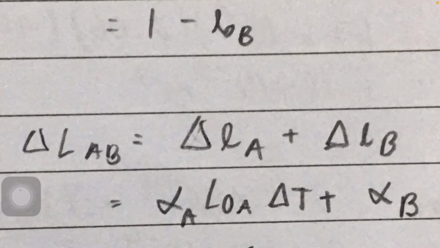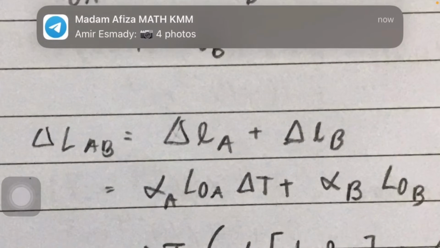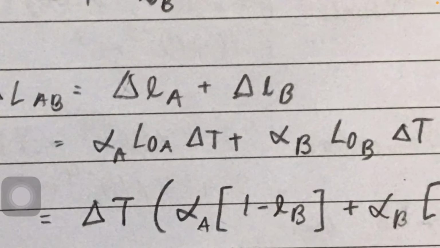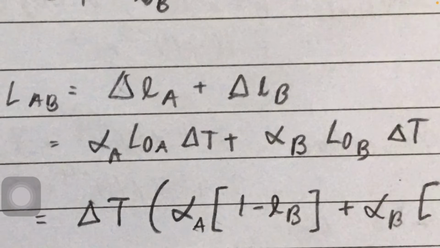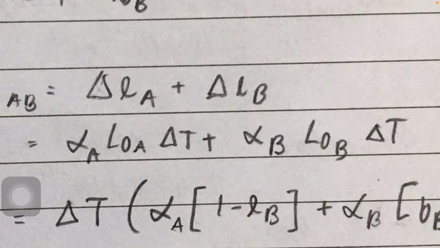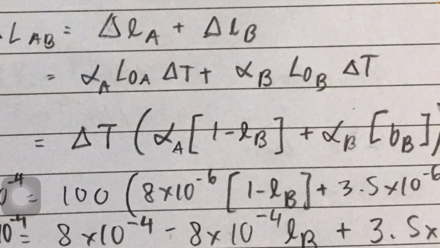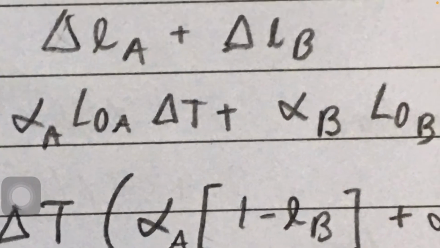In this question, we want the formula where we sum the change of length A plus the change of length B. So two formulas are combined in this question, and we get this equation.